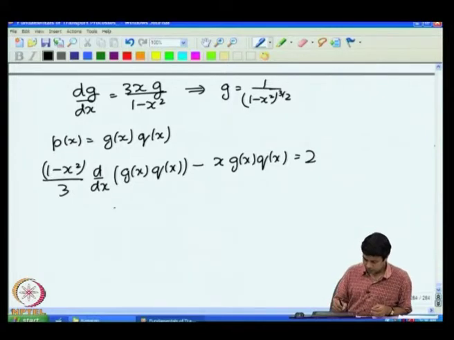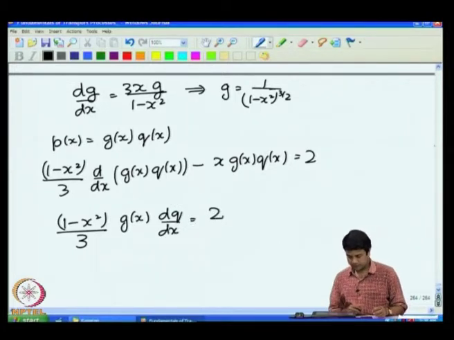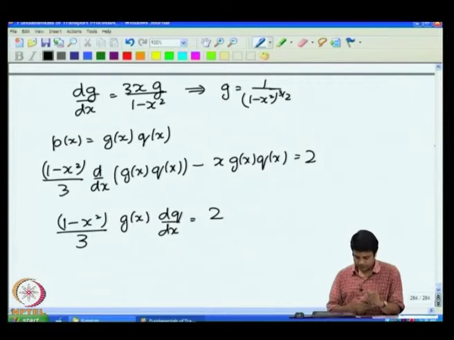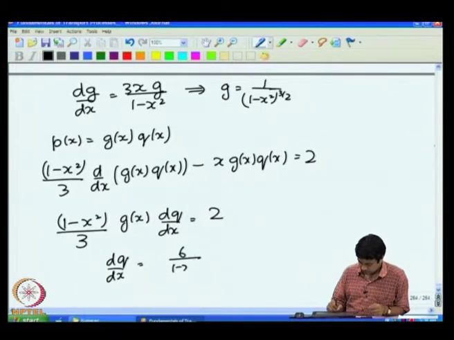And I can expand out this integral to get 1 minus x square by 3 g dq by dx is equal to 2. And this will give me dq by dx is equal to 6 by 1 minus x square g of x.